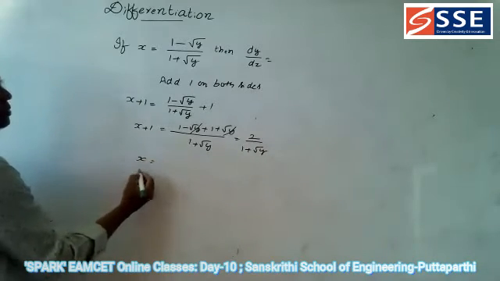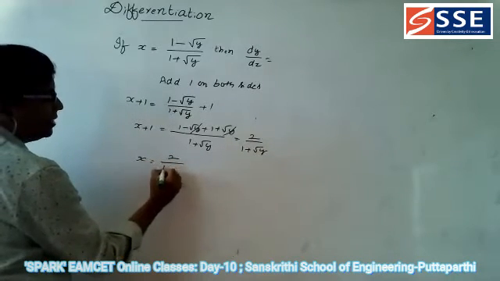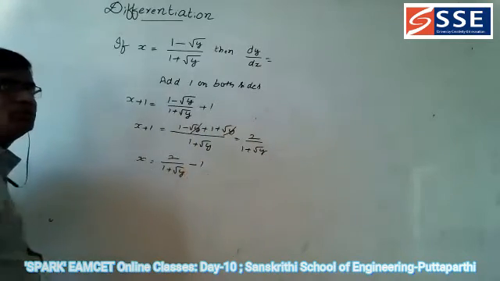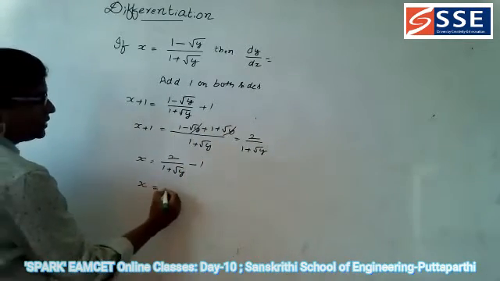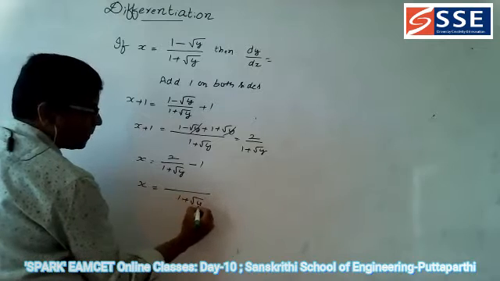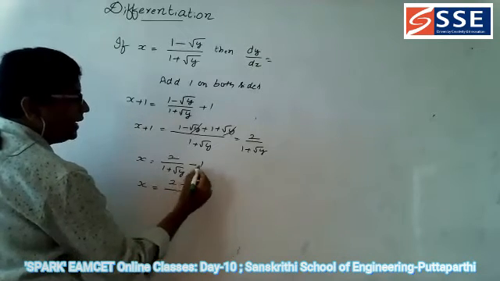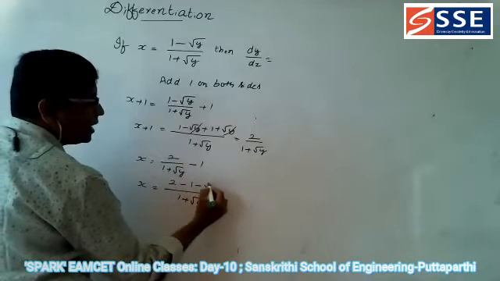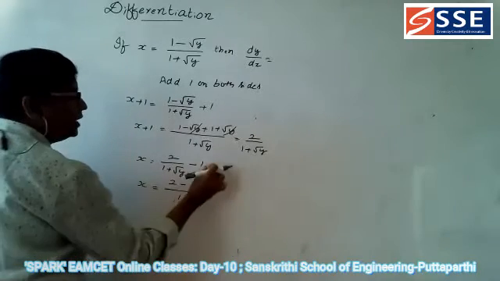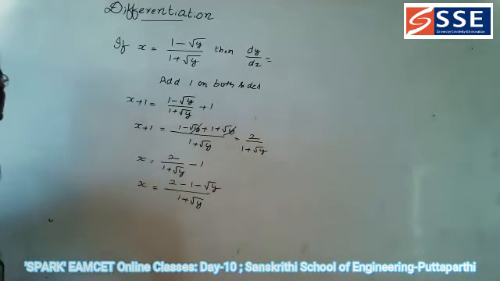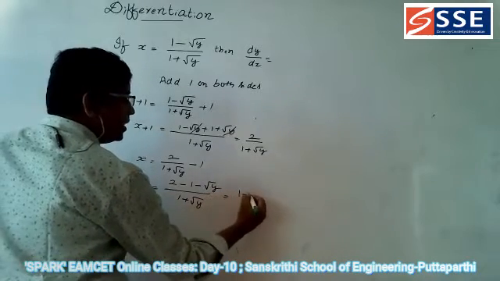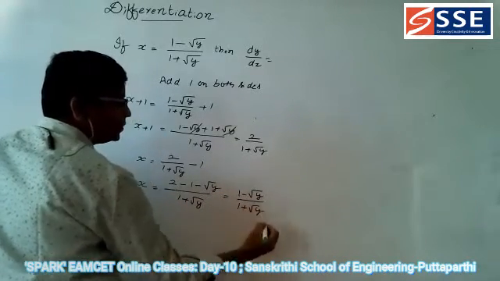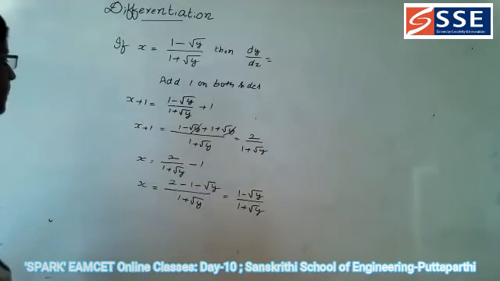x is equal to 2 by 1 plus root y. You bring plus 1 to this side, what it becomes? Minus. Take LCM once again, 1 plus root y. So 2 minus 1 plus root y into 1, minus 1.